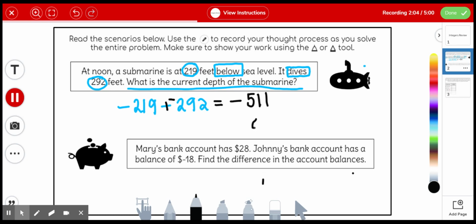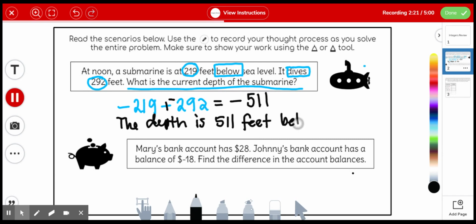So the depth of the submarine, I would say, the depth is 511 feet below sea level. Now notice that I said below sea level.